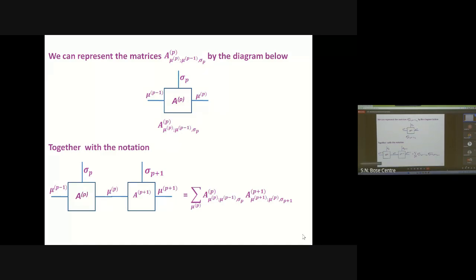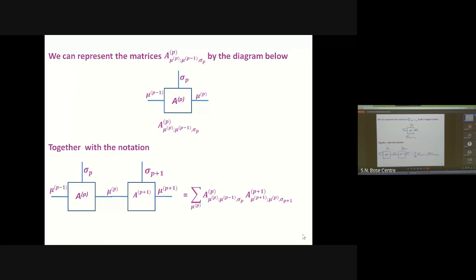Now, if I have a common line between A P and A P plus 1, then the common line is nothing but a sum taking place over mu P. That is the contraction of the two matrices, or the contraction of the two tensors. So this becomes the sum over mu P of A P with mu P minus 1, mu P, sigma P, and A P plus 1 with mu P, mu P plus 1, sigma P plus 1.